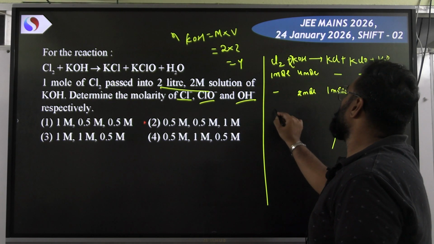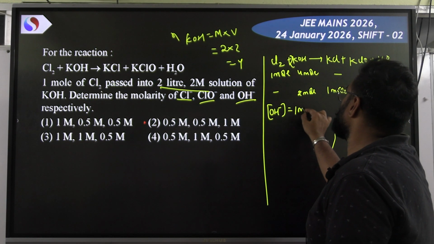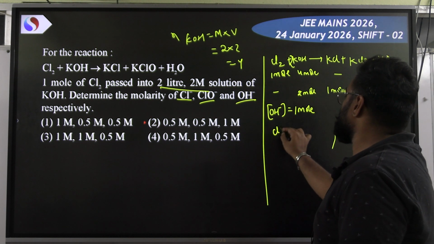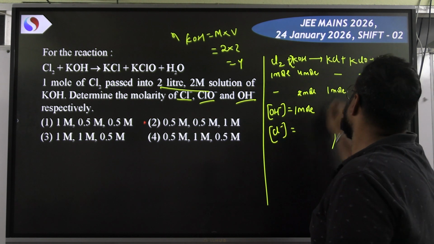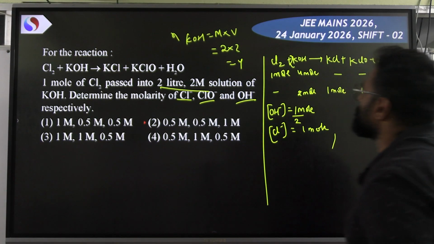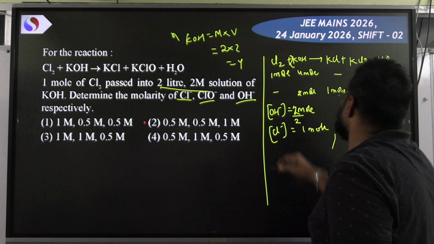Now the concentration of OH minus will be how much? 1 mole. And the concentration of Cl minus will be how much? Again 1 mole. 2 moles divided by 2 liters.